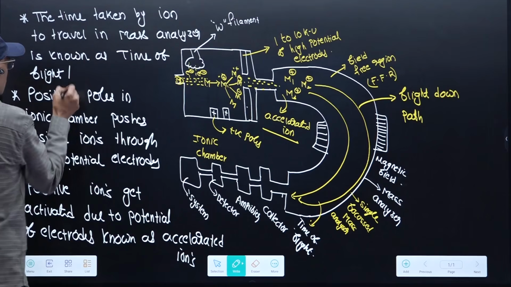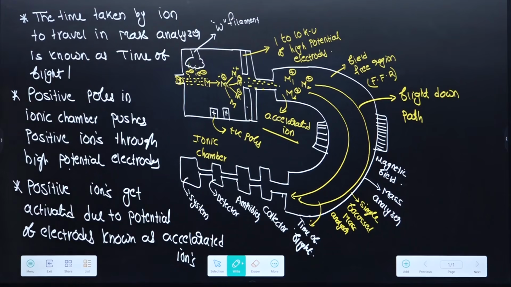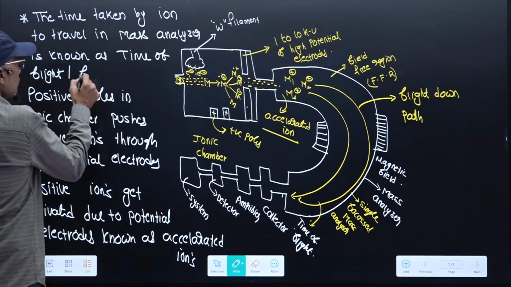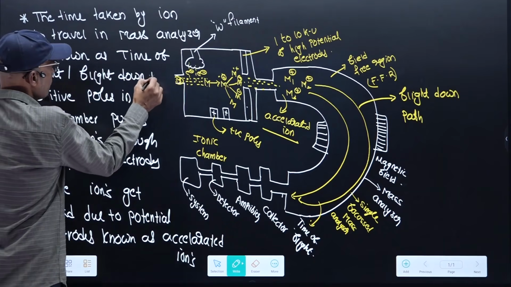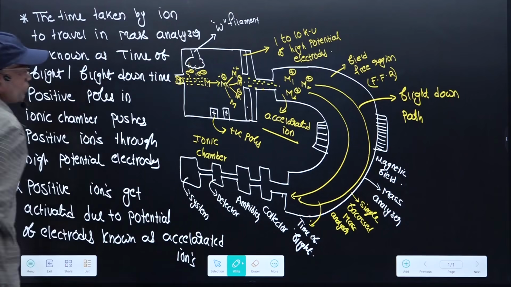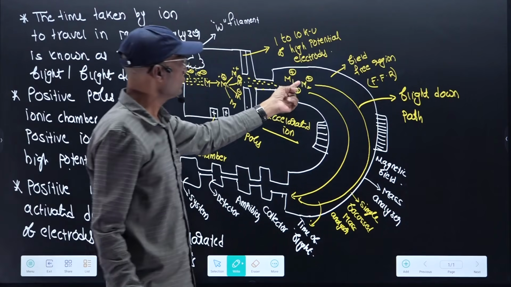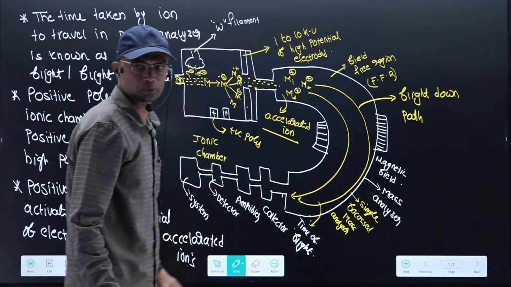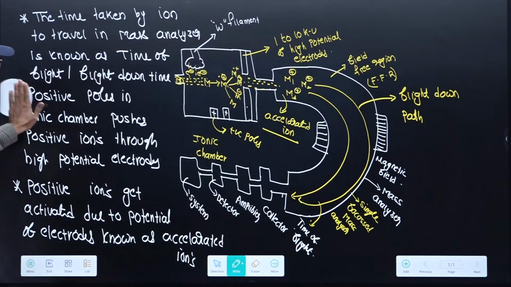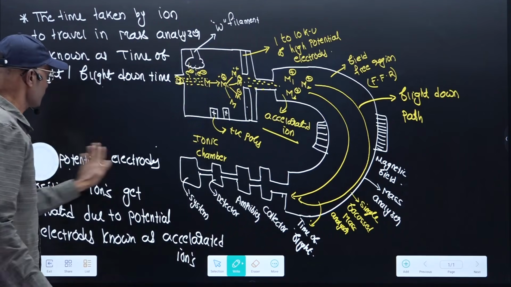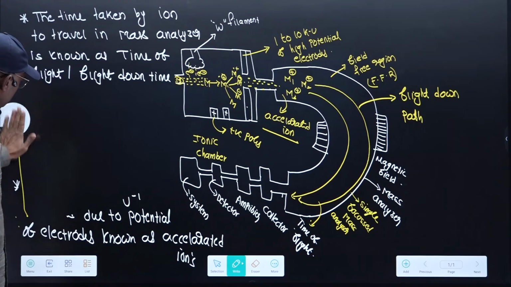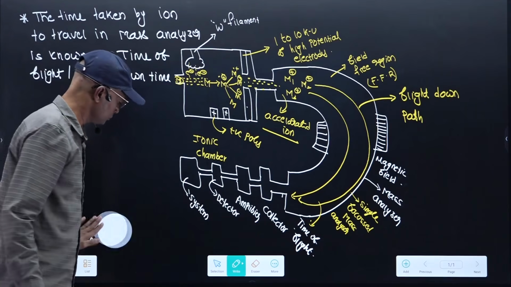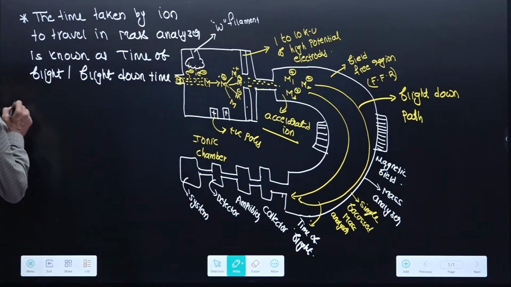It is also called flight down time. Time of flight or flight down time, both are the same. So how much time this ion takes to travel in this mass analyzer U tube, that is called flight down time.